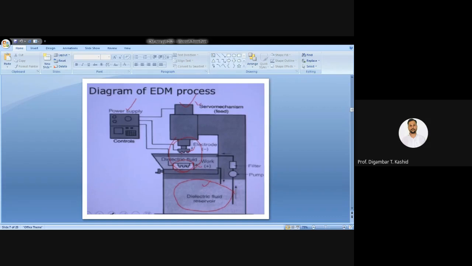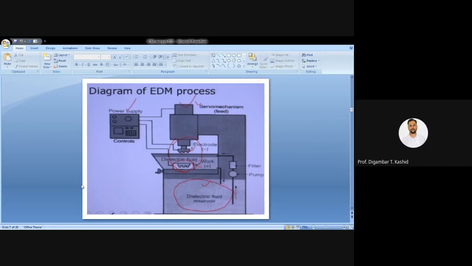When the craters form, when material is removed from the workpiece, the craters will occur on your surface, and whatever interelectrode gap is there will increase.